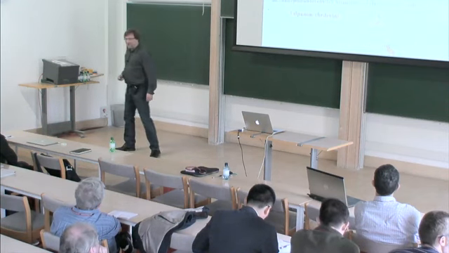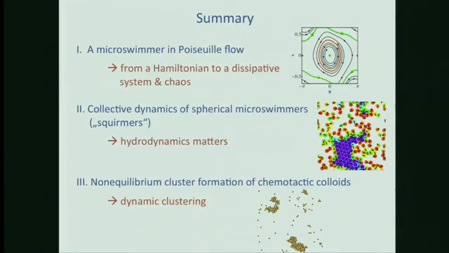Okay, so with this I'm at the end. This is my summary. I showed you that microswimmers in a Poisson flow are already a very interesting nonlinear system, which you can describe by a Hamiltonian system, which introduces also dissipative dynamics, and then you go towards chaos.